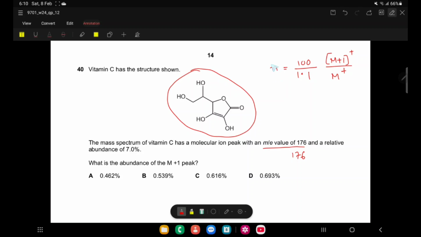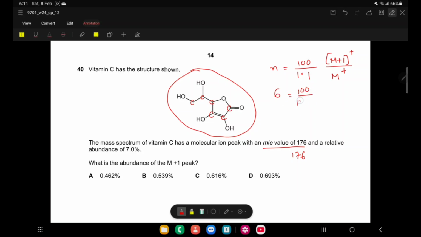Here you know the number of carbon. How? You can just calculate from here: 1, 2, 3, 4, 5, 6. So in this formula you have in total 6 carbons.